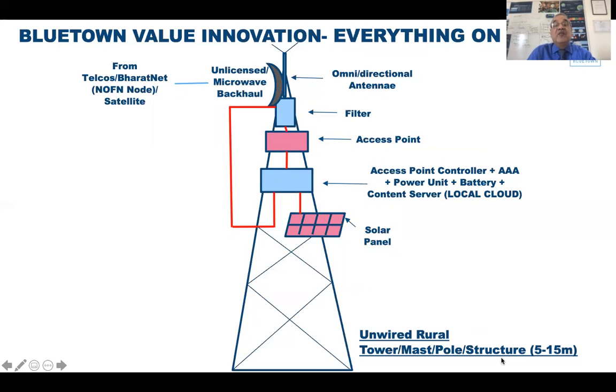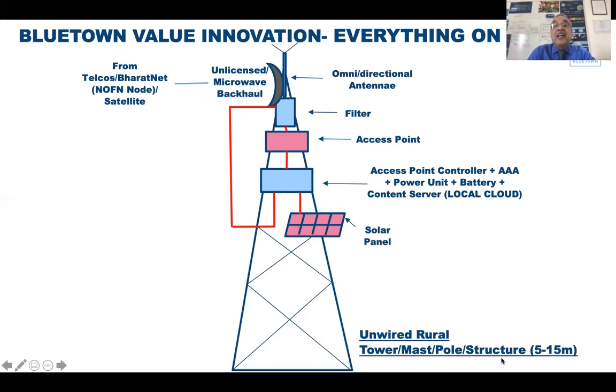It does not matter in the rural area, and we can use the unlicensed band in 5 gigahertz, and in future white space can be used. In future, free space optics can be used, but even 5 gigahertz microwave, which is unlicensed, can be used.